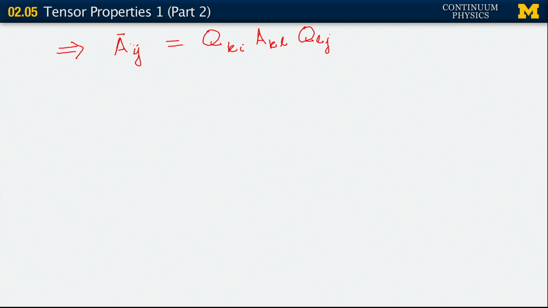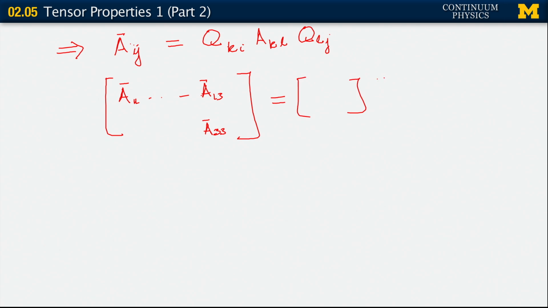Now, in terms of just the components of A in the two different bases, we observe that we can write this out as A bar 11, and so on, A bar 13, all the way down to A bar 33. If we arrange these components in a matrix, we see that this can be written as some matrix multiplying the A11 through A13 through A33 components times some other matrix.